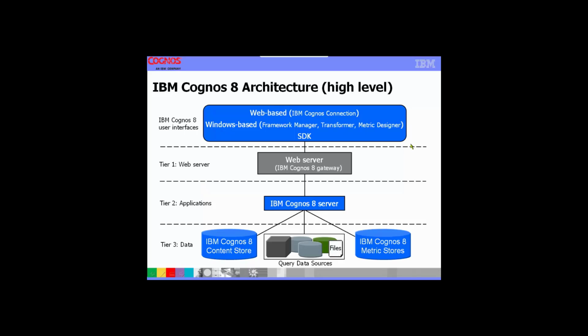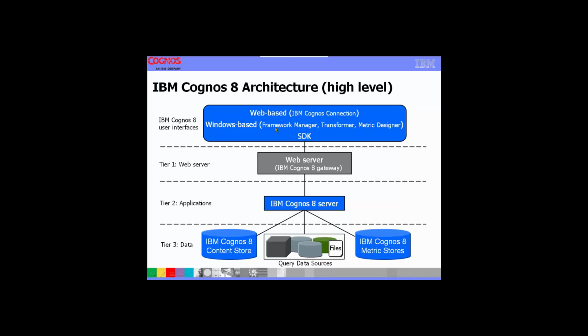Now, architecturally speaking, it is one of the interfaces that we use to communicate and work with Cognos 8. So you can see here that we've got web-based components, so that's IBM Cognos Connection and all the studios that you work with. And then Framework Manager, and of course Transformer and Metric Designer, and SDK applications that sit at the user interface level and can communicate through the Cognos 8 gateway to pull data or metadata from the underlying data sources at the Tier 3 level.